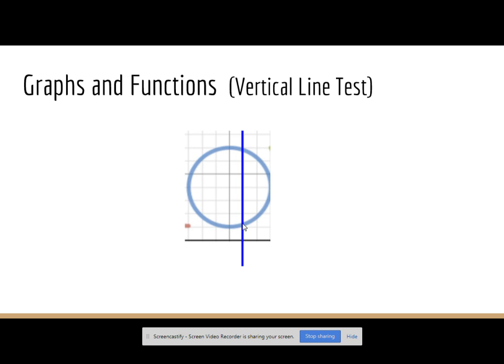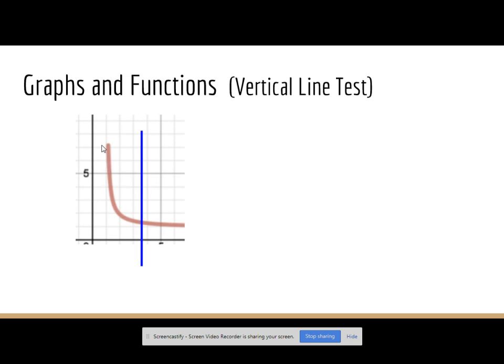And down here -3.9 comes out. And so I got 2 different results for the same x value. So a domain value has 2 different range values. That is not a function. Basically, when you draw that vertical line, if there exists a place on that graph where you get 2 different results, it is not a function.